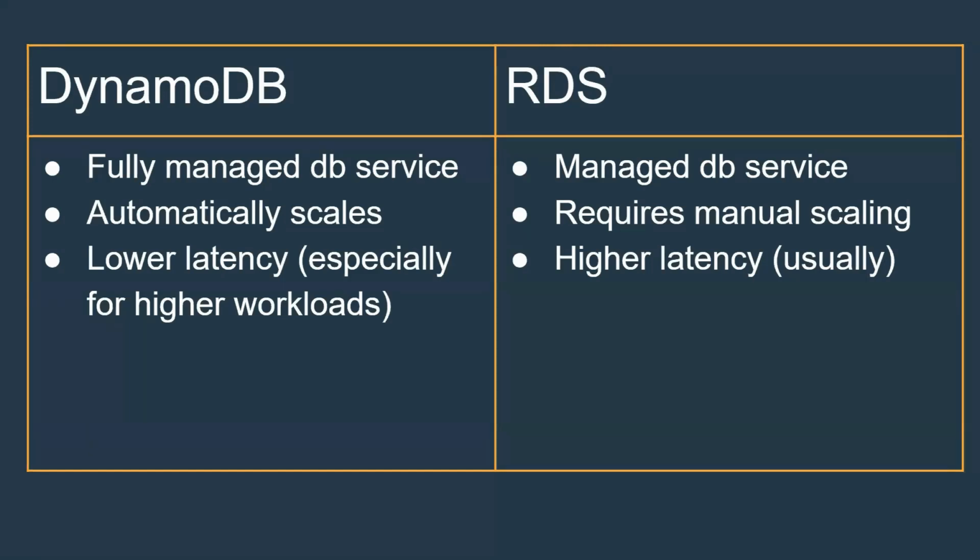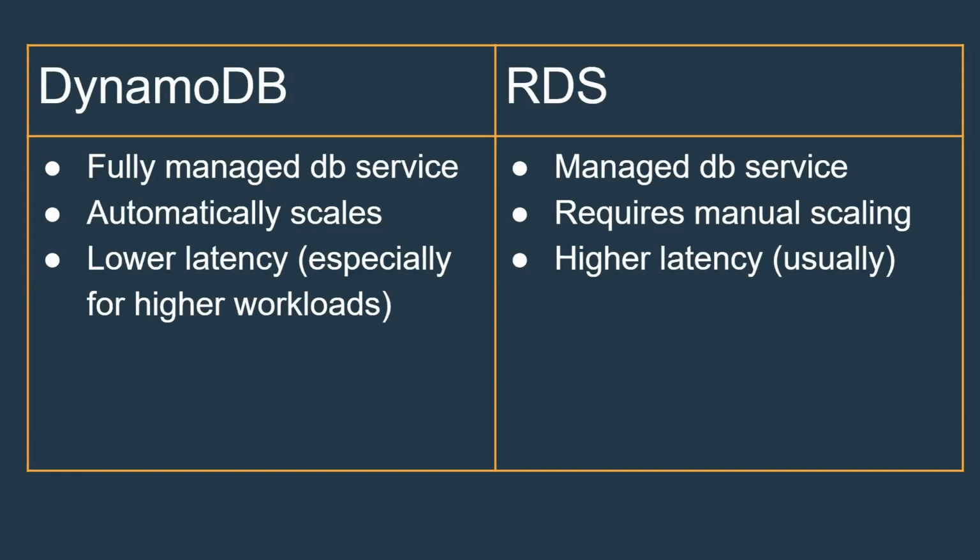It's fully managed, so that means we don't have to configure any underlying infrastructure. It automatically scales. So what does that mean? That means as your artwork website gets more and more popular, and more people register, you're getting 1,000, 2,000, 3,000.